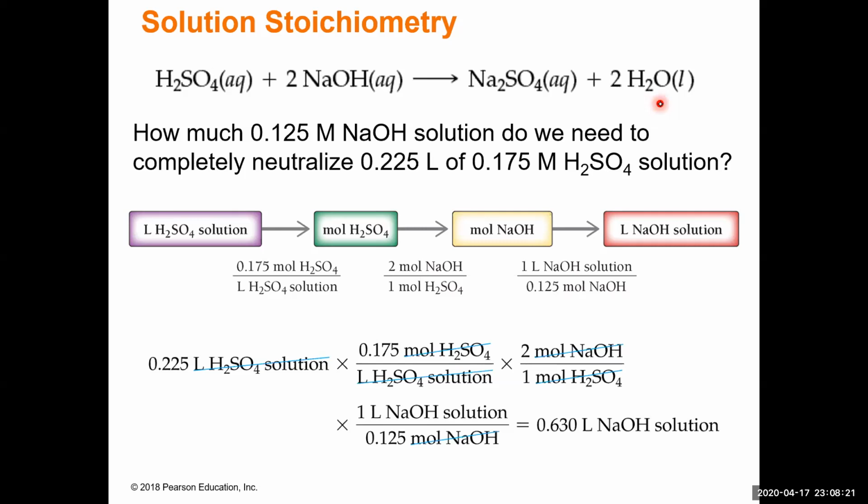So the question asks, how much of 0.125 molar sodium hydroxide solution do we need to completely neutralize 0.225 liters of 0.175 molar H2SO4 solution?